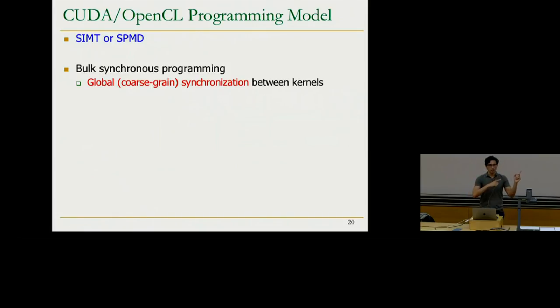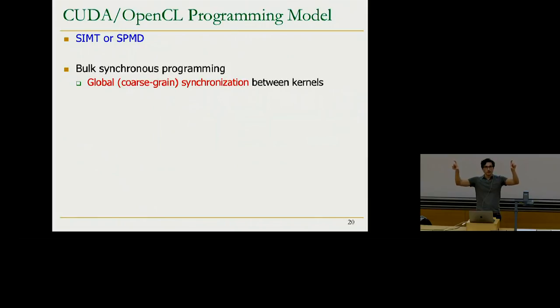Recall the slide two slides ago where we had the CPU thread, then kernel A, then another CPU thread, and then kernel B. The only way to make sure that all the threads in kernel A can synchronize is when the kernel terminates. So this is the only point between two kernels in which we are sure that the computation of all the threads running in kernel A actually finished. This is why this is called the bulk synchronous programming model.